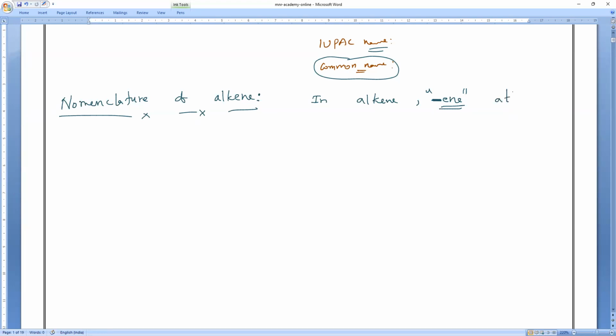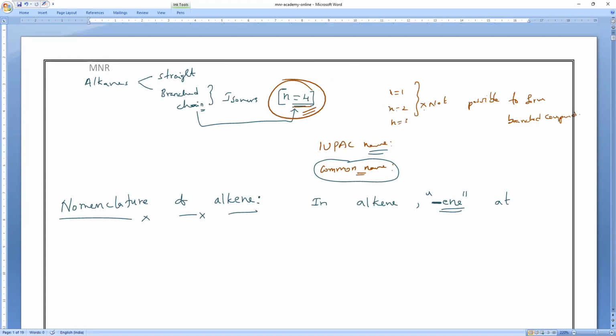Before all, alkanes means all are single bonds. But if you take alkenes, there is at least one double bond.